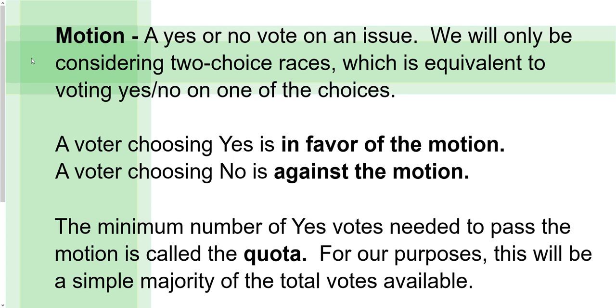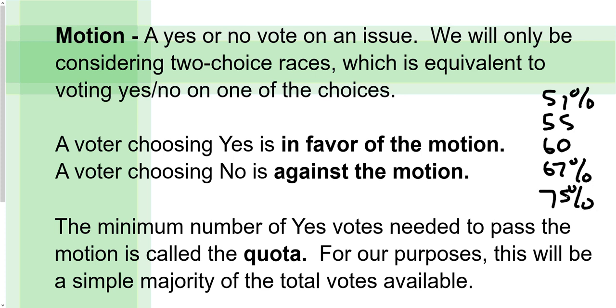The minimum number of yes votes needed to pass a motion is called a quota. A quota won't make a lot of sense unless it is at least a majority. 51% is usually a pretty good quota, but you might also sometimes see numbers like 55, 60, or even 67% or 75%.